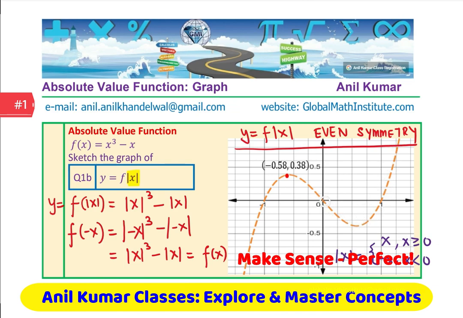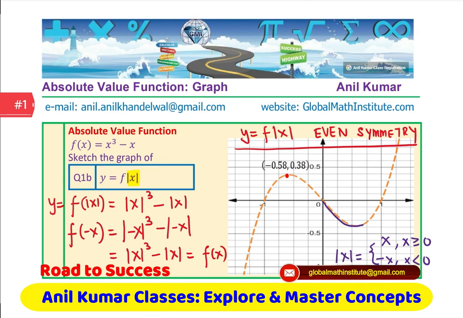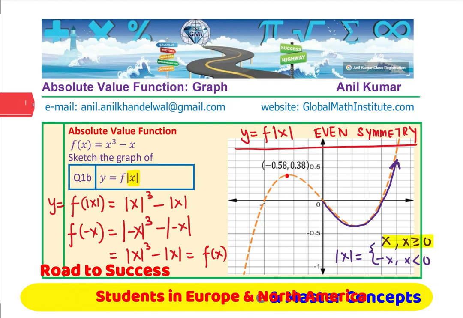It does not change on the right side. So on the right side, it remains exactly same. Correct? So here, I will draw it exactly same as it was. You see that? Since when x is positive, there is no change. Right?